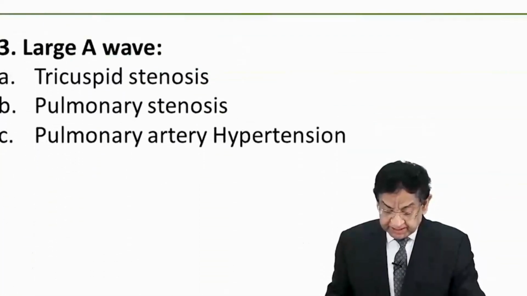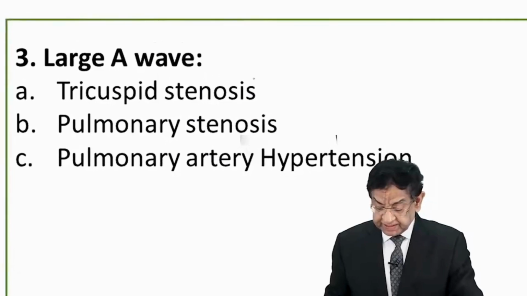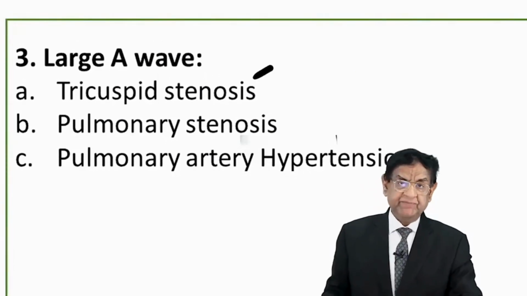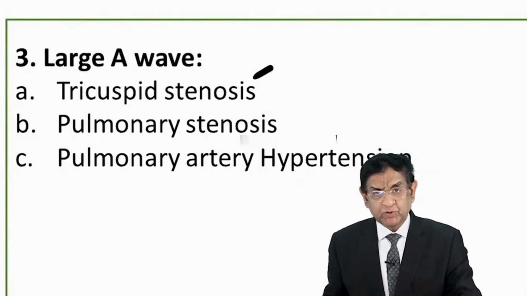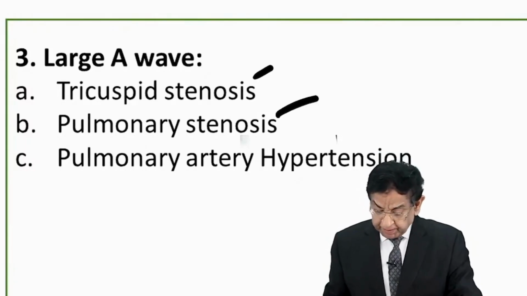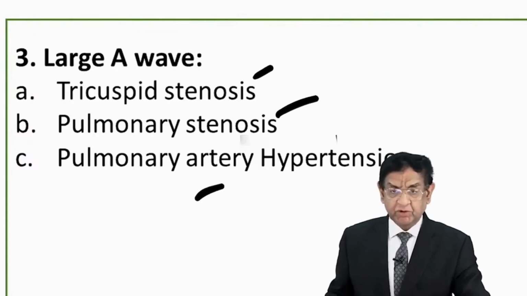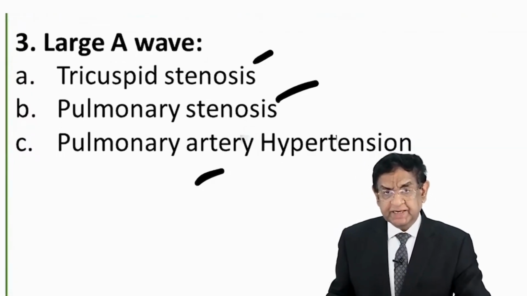Now, large A wave, you will get in tricuspid stenosis. Definitely, the atria are contracting against this narrow valve. It will lead to a prominent A wave. Pulmonary stenosis and pulmonary arterial hypertension, in all these conditions, you will be getting a large A wave.